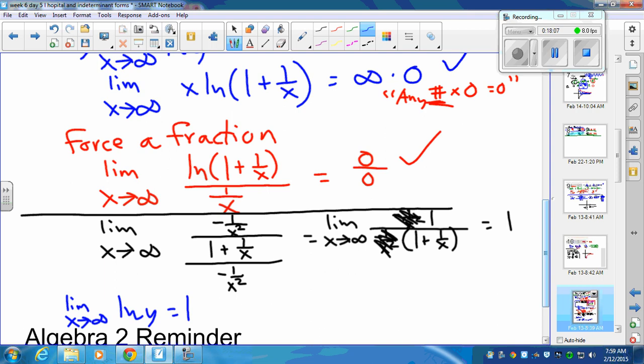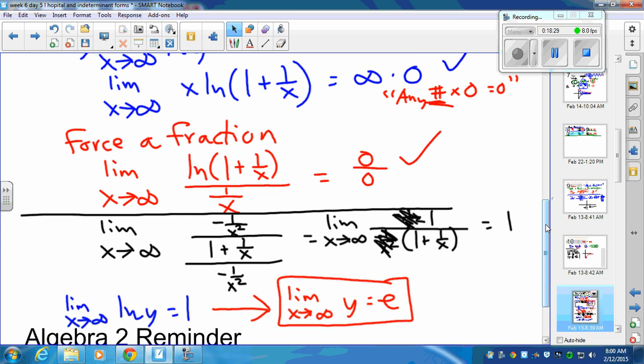That's what I predicted up top in that big red box. I didn't want the limit of ln of y. I wanted the limit of y. So that translates to the limit as x goes to infinity of y equals e, which is weird.